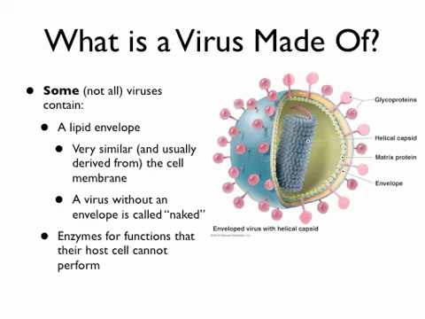Then there's some stuff that some viruses have, but not all viruses have. Some viruses have what's called a lipid envelope, much like your cell membrane. It's a lipid bilayer with proteins embedded in it. In fact, it looks very similar to the cell membrane because most of them are derived from the cell membrane. Often they're specialized pieces of cell membranes that viruses steal on their way out.